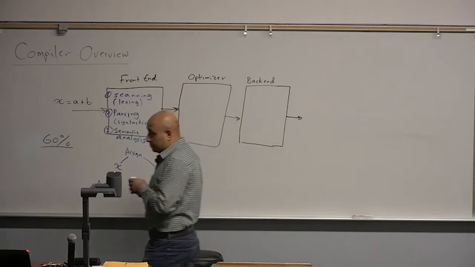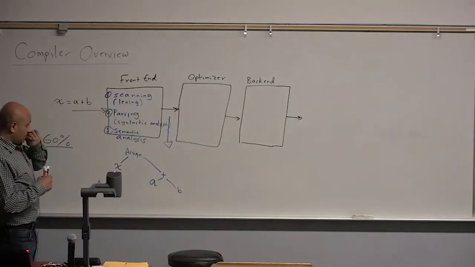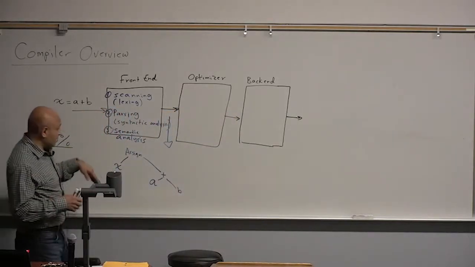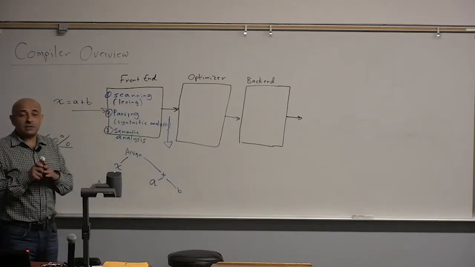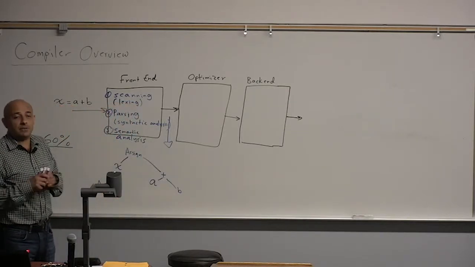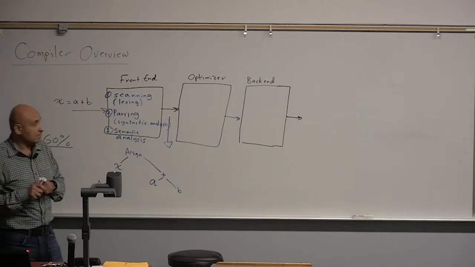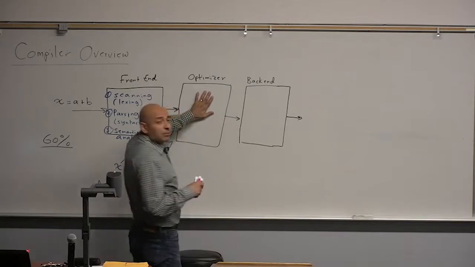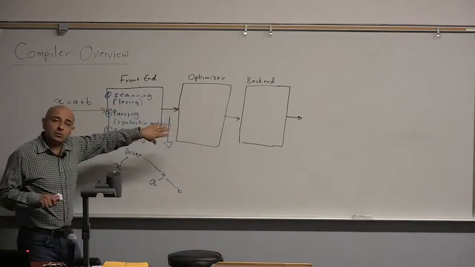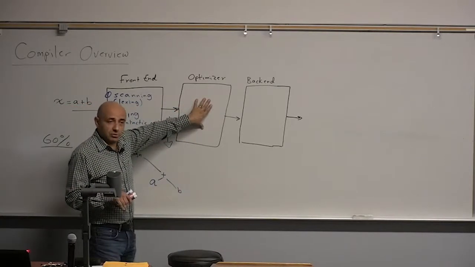Sometimes, some compilers may convert the abstract syntax tree into some linear intermediate representation. So compilers vary in the intermediate representations that they use.